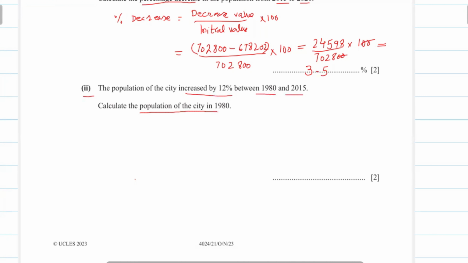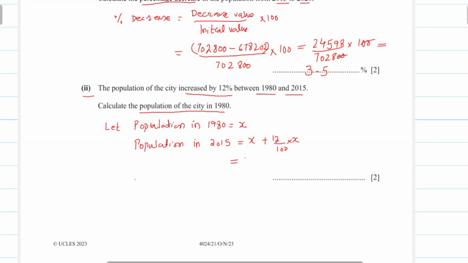Part second. The population of the city increased 12% between 1980 and 2015. Calculate the population of the city in 1980. Firstly, we suppose that the population of the city in 1980 is equal to x. The population in 2015 is equal to x plus a 12% increase, 12 over 100, of the total population of 1980.